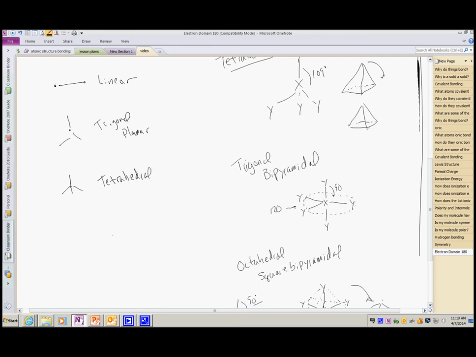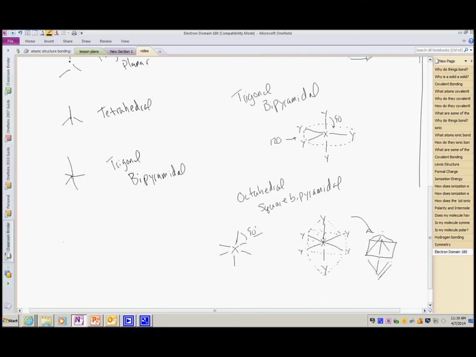We have trigonal bipyramidal. And we have the final one, square planar.